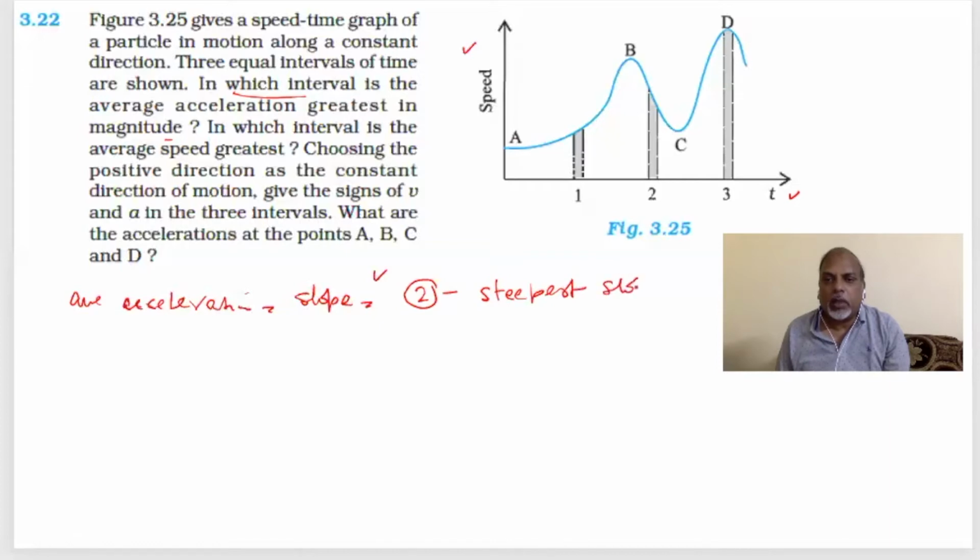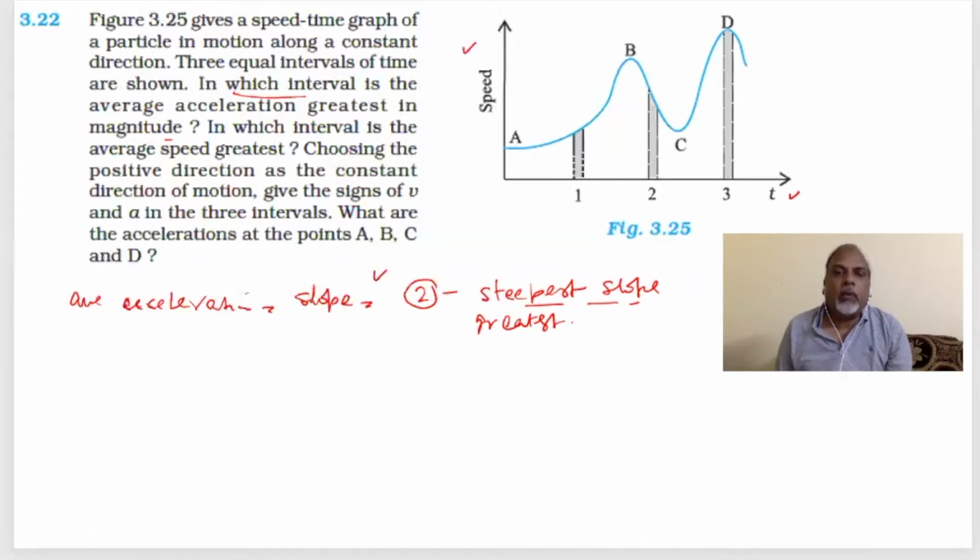Where the slope is steepest, of course the acceleration will be greatest. So acceleration will be greatest here. Now choosing the positive direction.